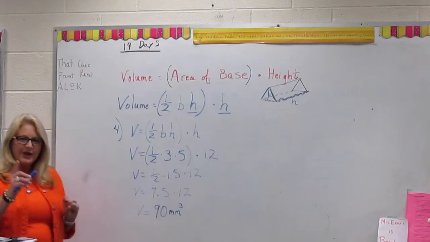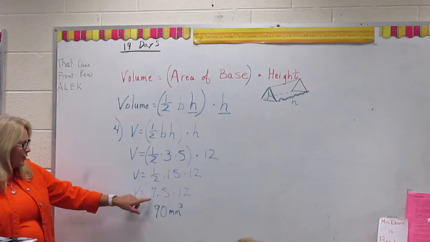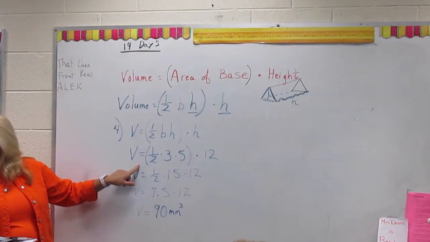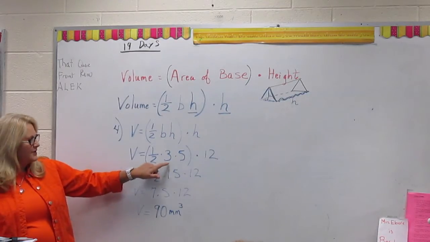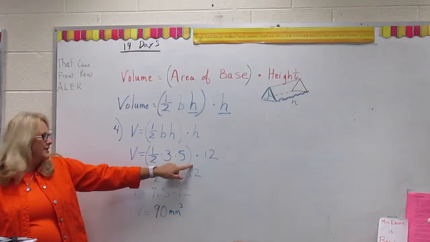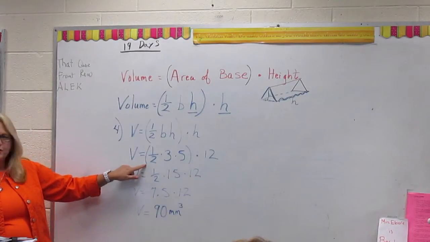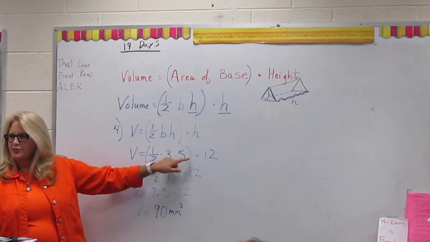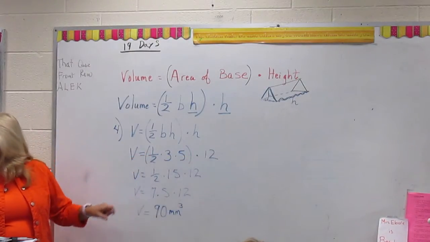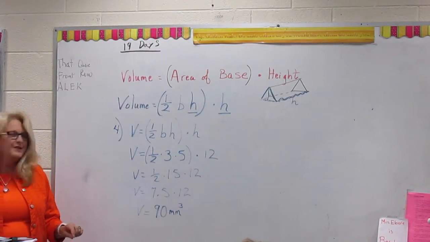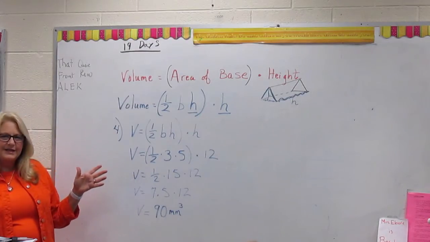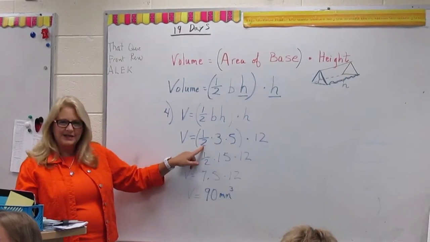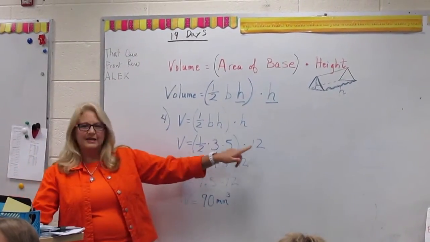All right, Ellie, you know what I think I threw you off? Because I said 7.5 times 12, right? Yeah. But because of what property can you multiply this across in many ways? What property lets us decide how we want to put those together? What property says the order that you multiply does not matter? Yes? Commutative property, good. So what I did, Ellie, is I did 3 times 5 is 15, and took half of that to get 7.5, and then took that times 12.